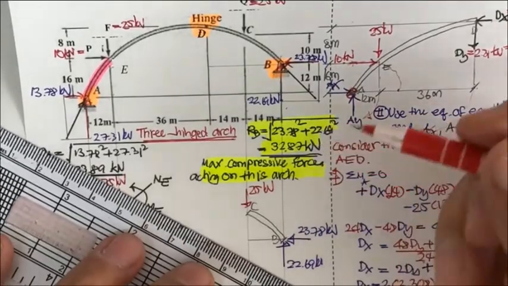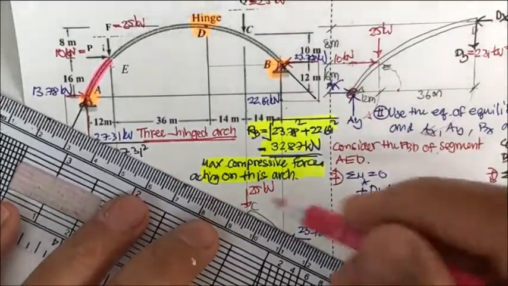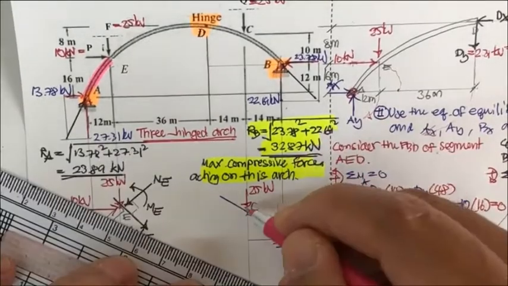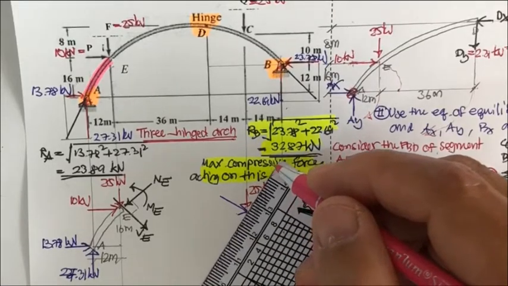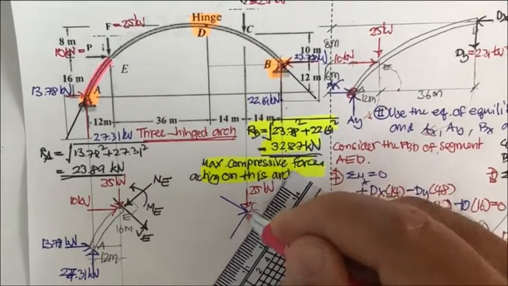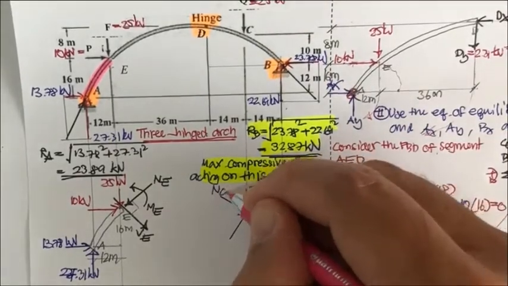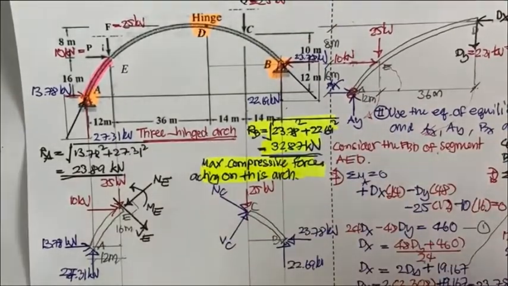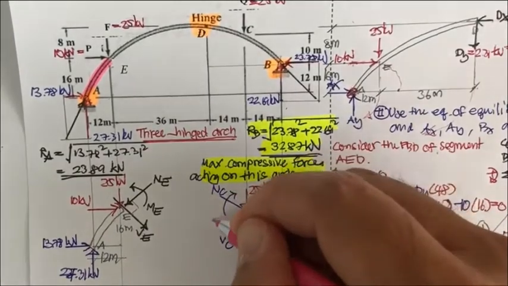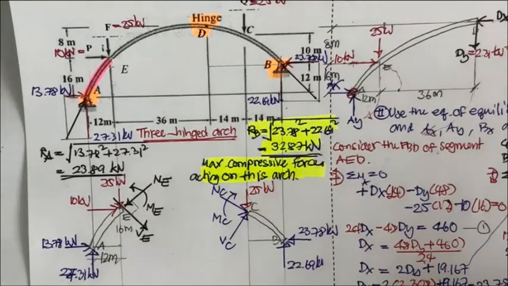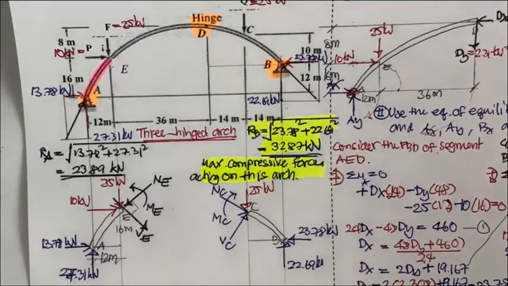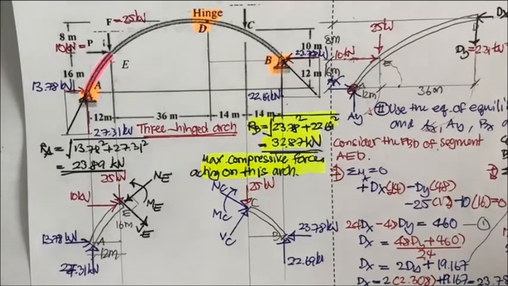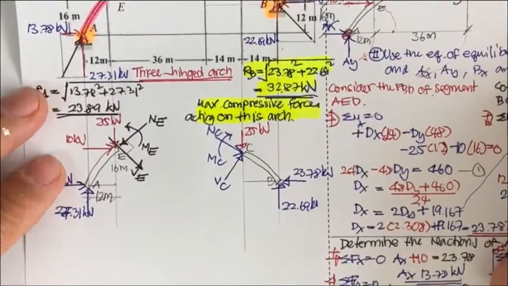And then again, you have the compression here. Okay, and don't forget, it's going to be perpendicular to it: N sub C and V sub C. And you have the M sub C. You may see we cannot find the shear force and the normal force since we don't know the angle. We can only find it if we know the angle because it's not in the XY axis.